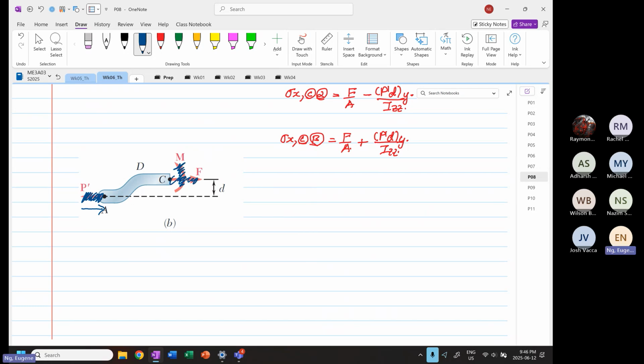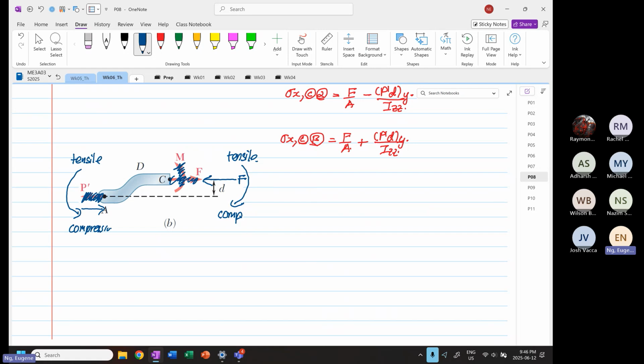Again, we are going to analyze what is going on at point C. This time F will be acting inwards. And if point C is fixed, the moment due to P is going this way, and action equal to reaction, same in magnitude, different direction. Now this side is in compression, and this side is in tensile. The top part is in tensile. The bottom part is in compression.